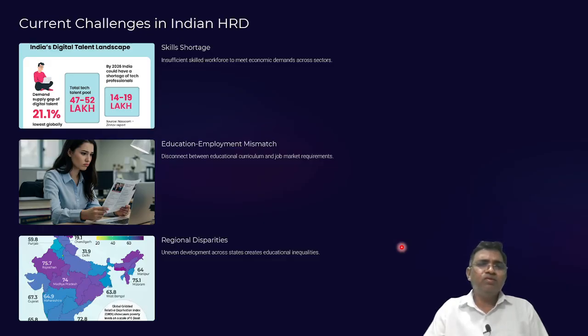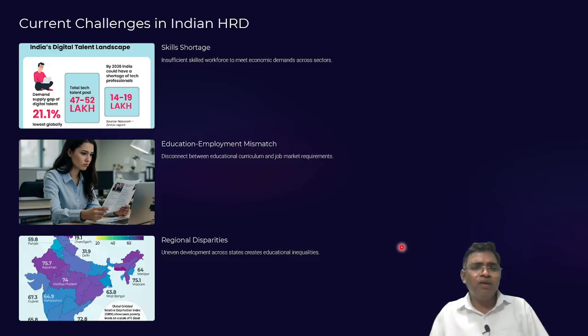Then current challenges: skill shortage, education-employment mismatch, regional disparities. What does this mean? Skill shortage: an insufficient skilled workforce to meet economic demands across sectors. Even though people are educated, they don't have sufficient skills.